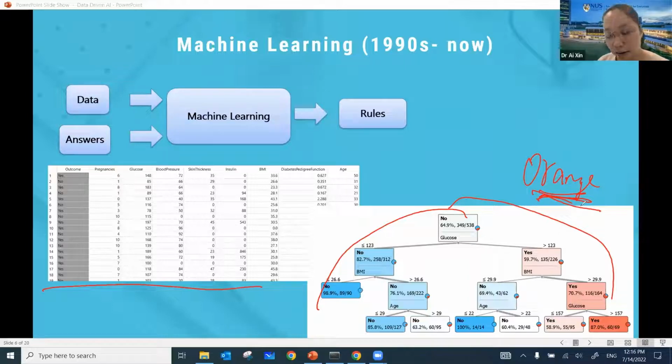I can connect different components, and then it will visualize the model, so you can do it easily. So for these specific figures and graphs, I used Orange to create them.